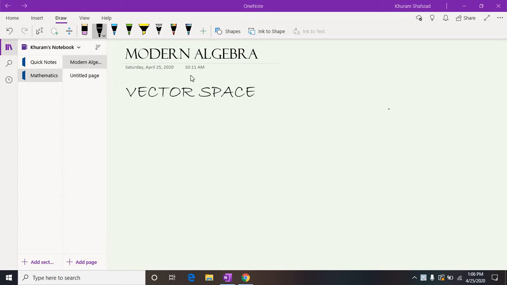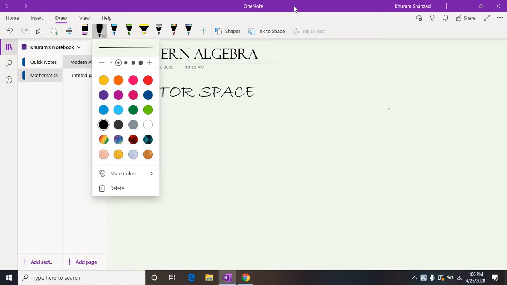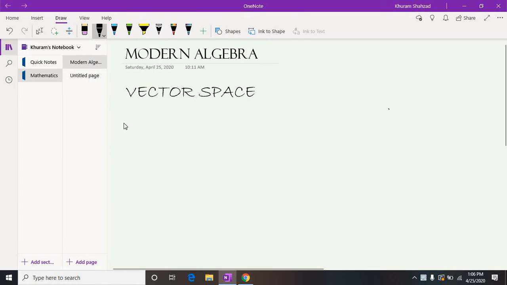Hi guys, today we are going to talk about the most fundamental and important concept of algebra, which is vector space. So what is a vector space? It is merely a set of vectors satisfying some specific properties.